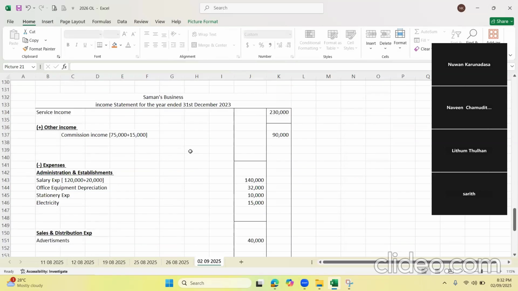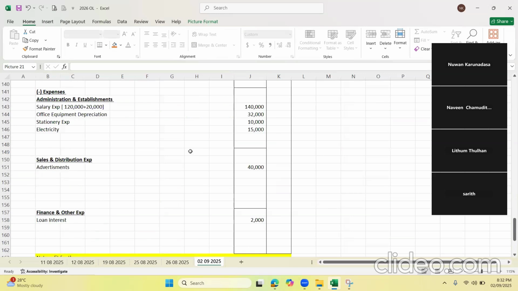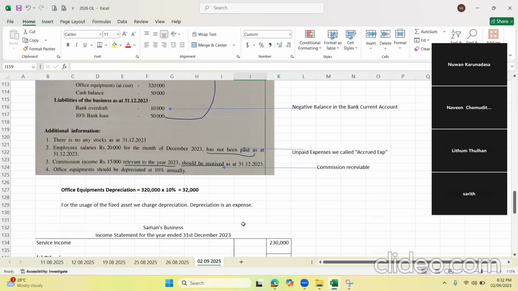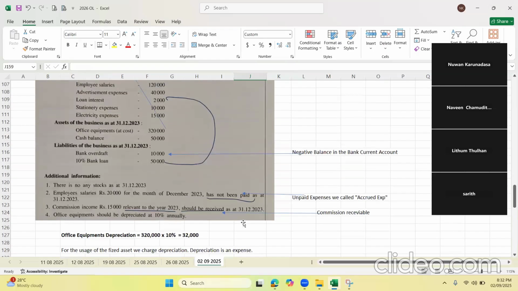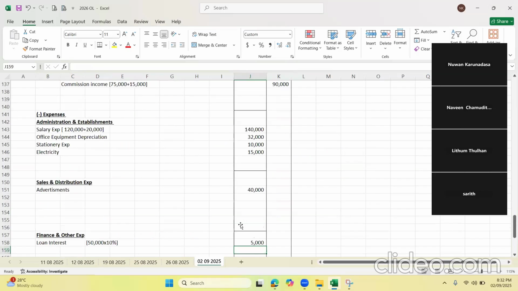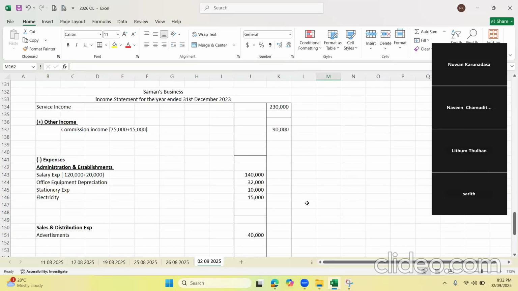Even though the amount paid is only 2,000, you must take the whole expense. So you must take not the payment amount but the amount that is relevant for the year. It's 5,000. So we have recorded everything.